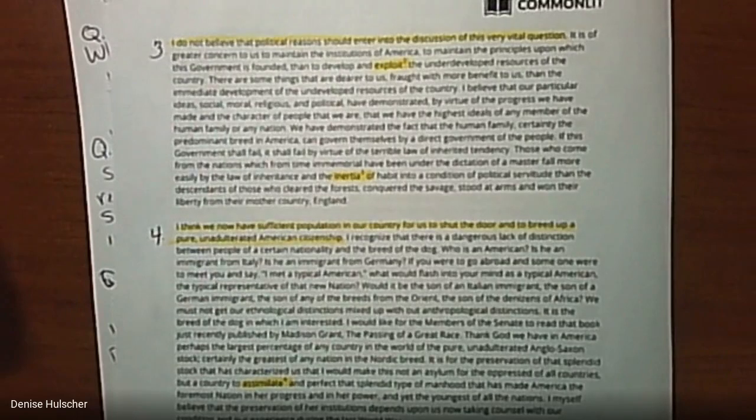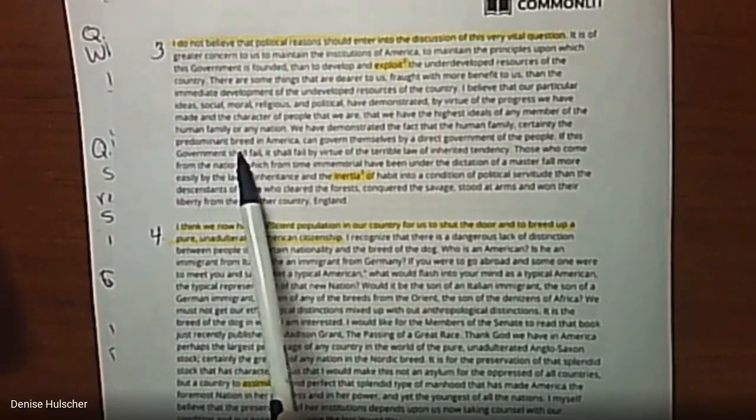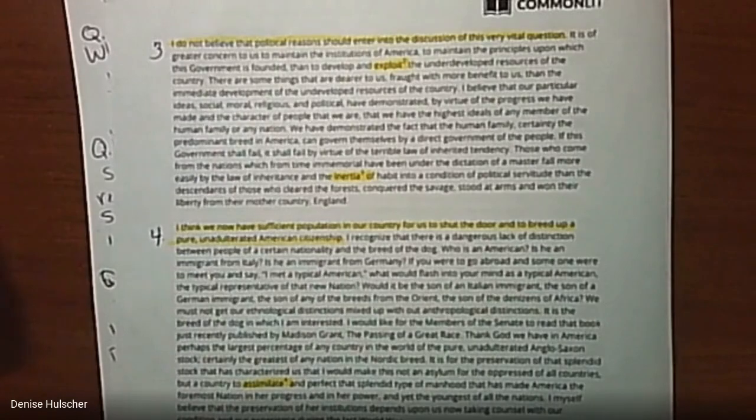I believe that our particular ideals, social, moral, religious, and political, have demonstrated by virtue of the progress we have made with the character of people that we are, that we have the highest ideal of what the member of human family or nation. We have demonstrated the fact that the human family, certainly the predominant breed in America, can govern themselves by a direct government of the people.